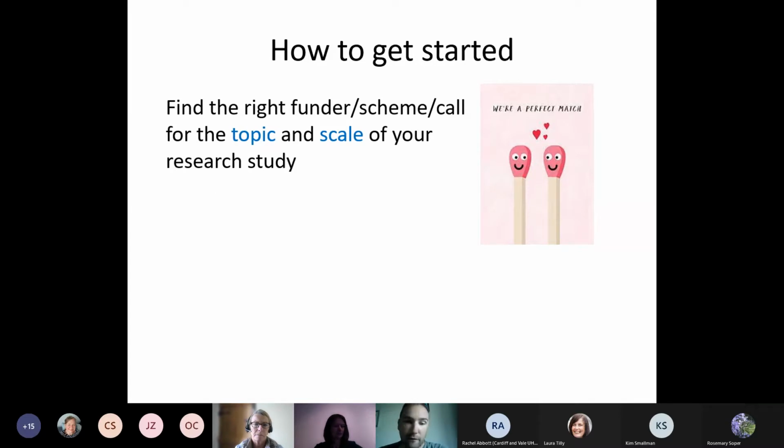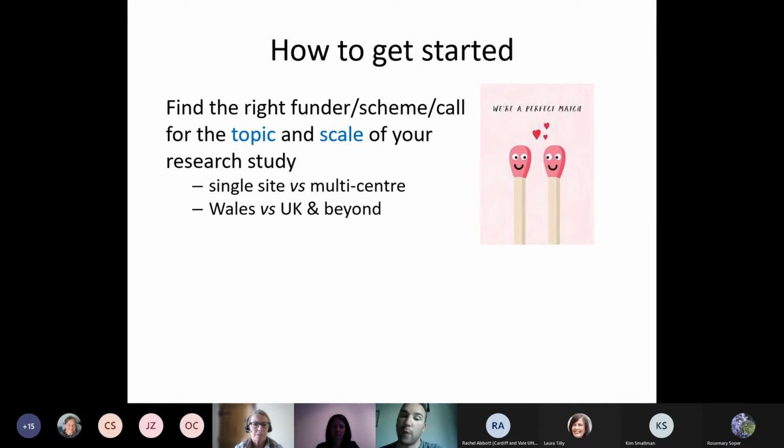If you're doing a single site study just in your local hospital, that's going to be a very, very different study from doing something that's multi-center across 50 hospitals in the UK. So again, if you're just doing your study locally or just in Wales, other funders might be interested than if you were doing a study across the UK or even beyond in other European countries, for example.